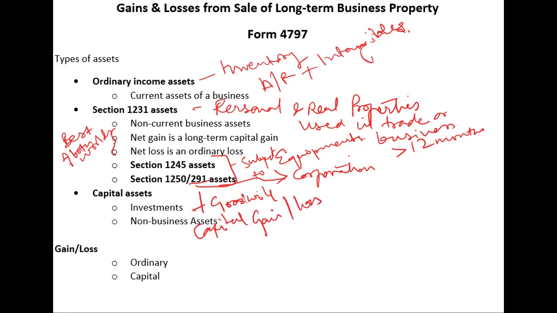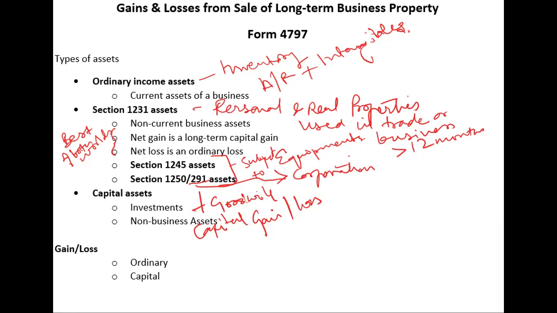Then the tax classification. You should be aware that the tax classification of an asset depends on how the asset is held by the taxpayer. So, for example, a car is an ordinary income asset if it is inventory to an automobile manufacturer, so he will treat it as ordinary income.